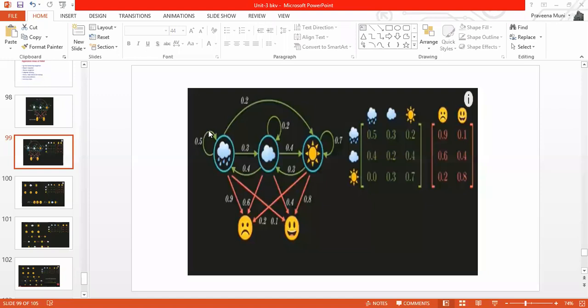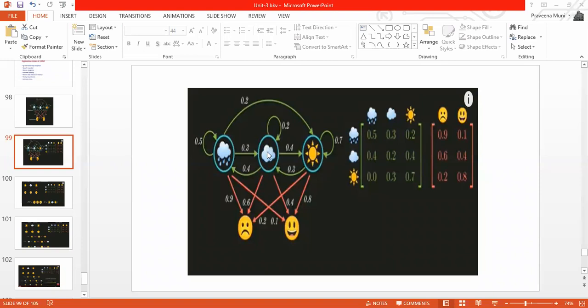If it is rainy today, tomorrow's weather is also rainy with probability 0.5. If it is rainy, tomorrow's weather is foggy with 0.3. If it is rainy, tomorrow's weather is sunny with 0.2. If the weather is foggy today, tomorrow's weather is rainy with 0.4.